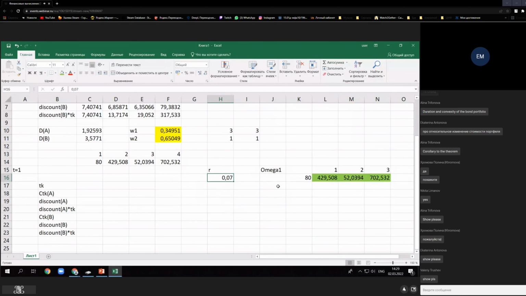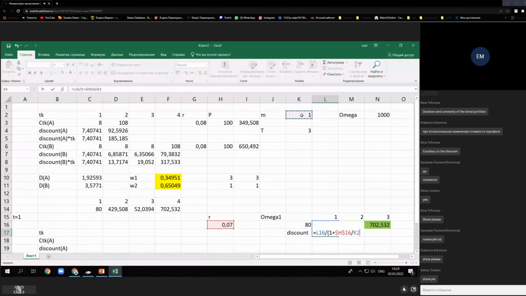But the current rate is equal to 7%. Let's calculate the discount of future payments. It will be equal to this divided by 1 plus the rate divided by m. The m remains the same. And here the time multiplied by m remains the same, of course. It will not change.